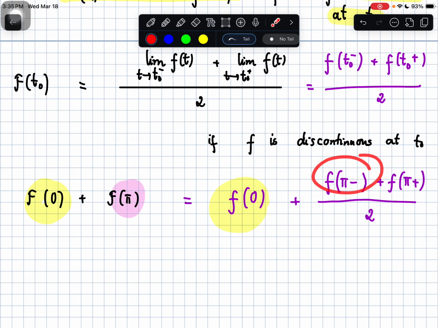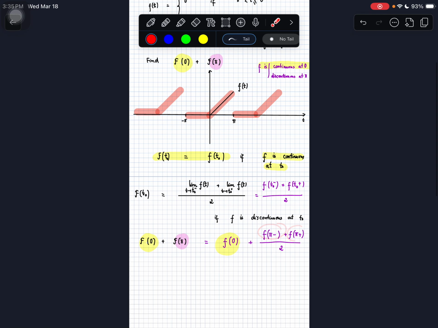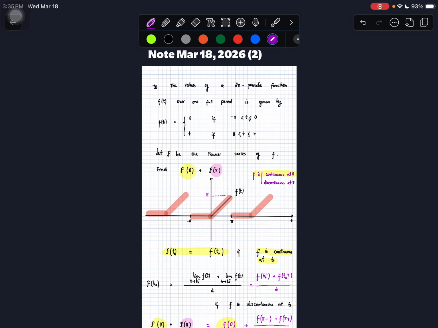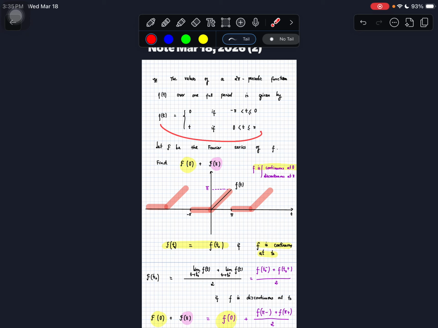So we compute the left-hand limit and right-hand limit at pi. The limit of f(t) as t tends to pi from the left equals pi, because the function is defined as f(t) equal to t for t between 0 and pi.